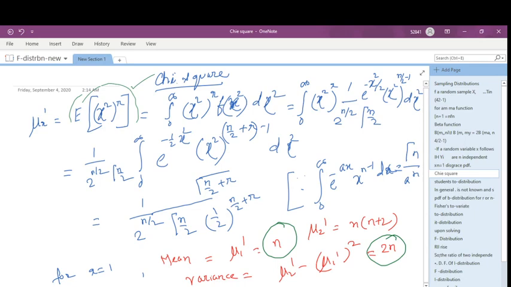And subsequently, the whole idea is to write it in this fashion: the integration with limits 0 to infinity of e to the power minus ax, x to the power n minus 1 dx is equal to gamma n by a to the power n. We saw this formula in our previous slide.